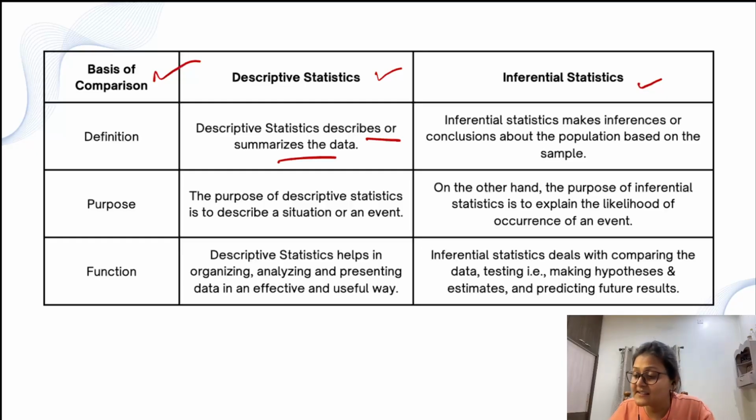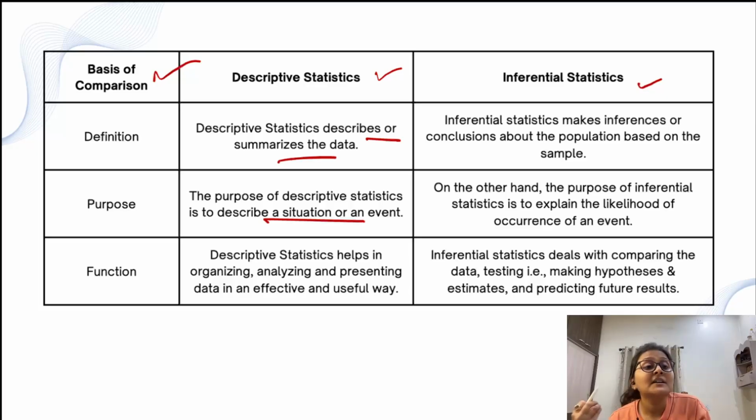Next, the purpose of descriptive statistics is to just describe the situation as it is. What is the population of a particular city in a particular year? Just describing that situation, just stating the facts, is known as descriptive statistics.